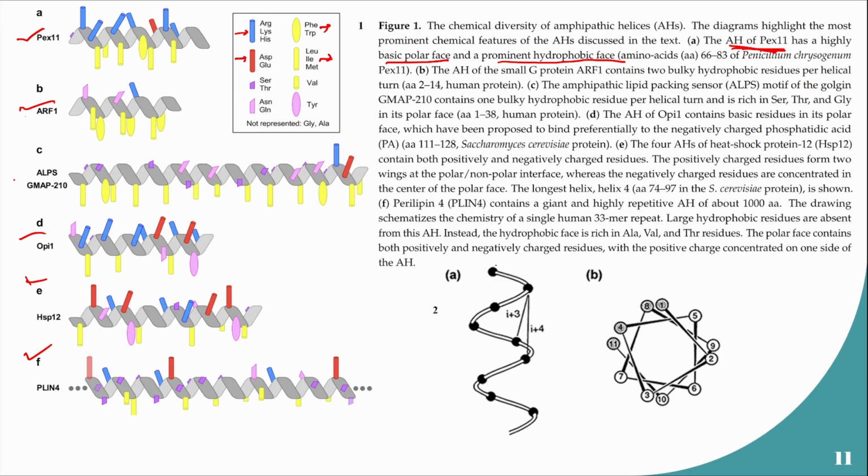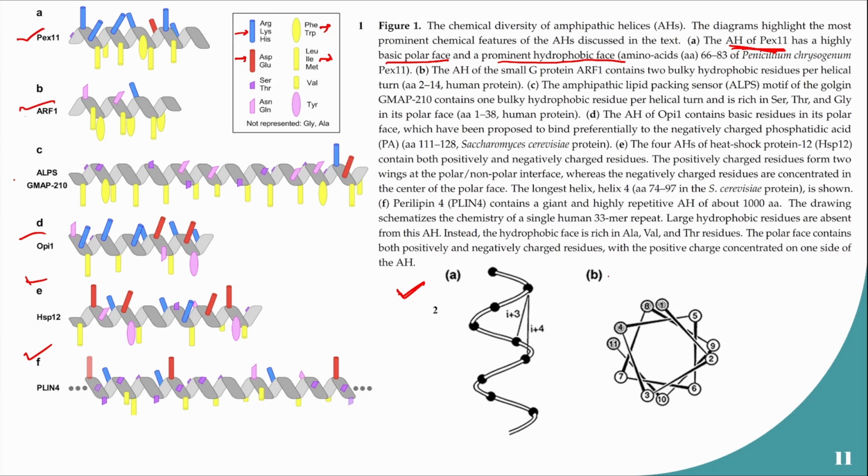And this figure 2 mentions that for the amphipathic nature, some particular pattern is observed. So here, I plus 3 and I plus 4. If you consider the start of a hydrophobic amino acid, the next hydrophobic amino acid for helices will appear at the I plus 3 or I plus 4 position.